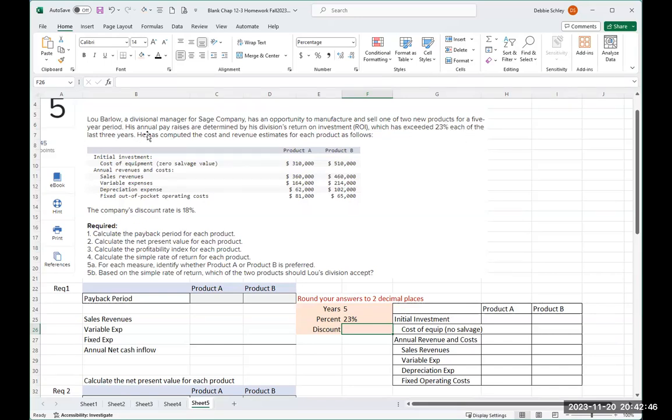Each of the last 3 years, he has computed the cost and revenue estimates for each product as follows. So I need to put those numbers in here.